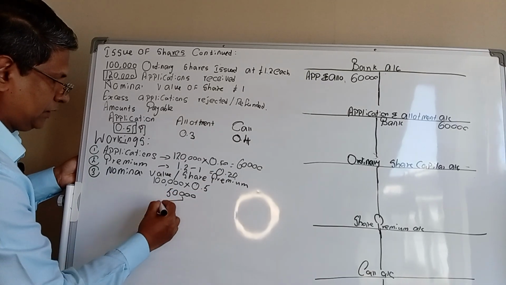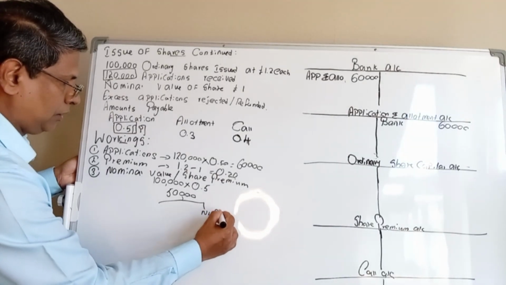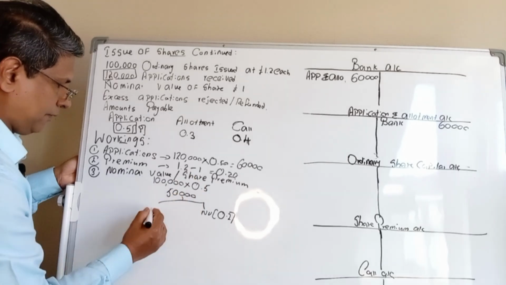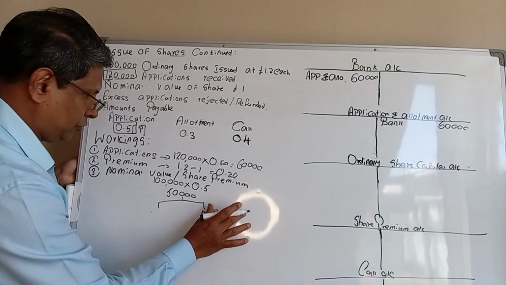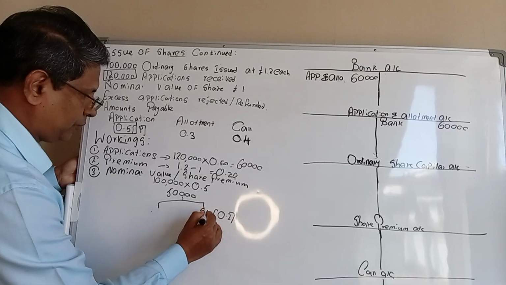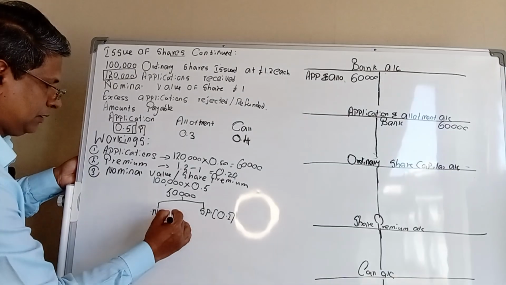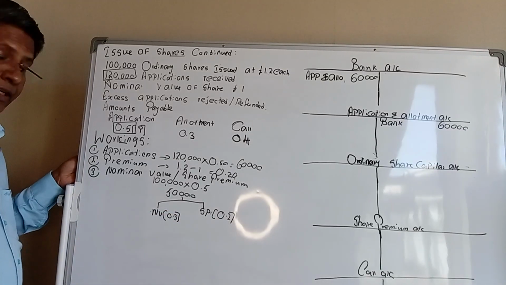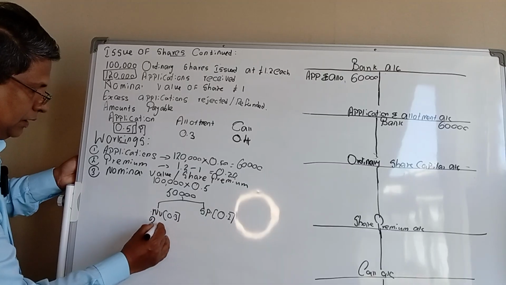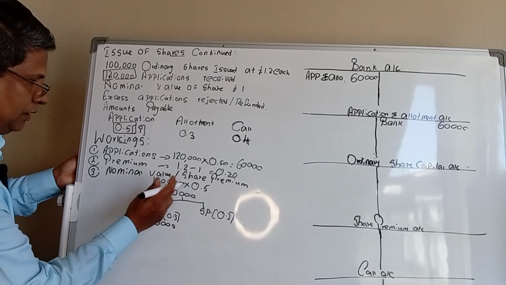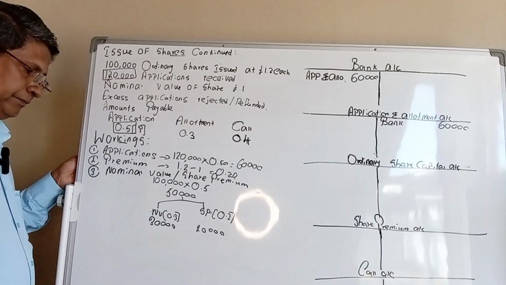So in this 50,000, 0.2 is a share premium, so your nominal value is going to be 0.3. So 100,000 times 0.3, 30,000 is the nominal value. 100,000 times 0.2, 20,000 is the share premium.